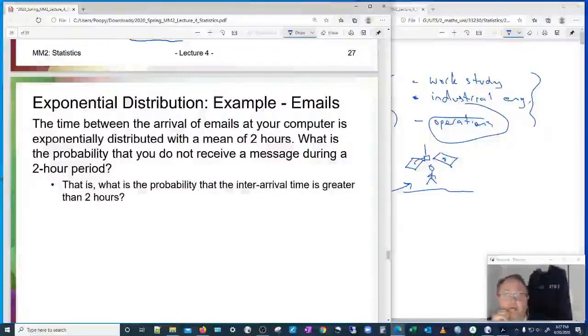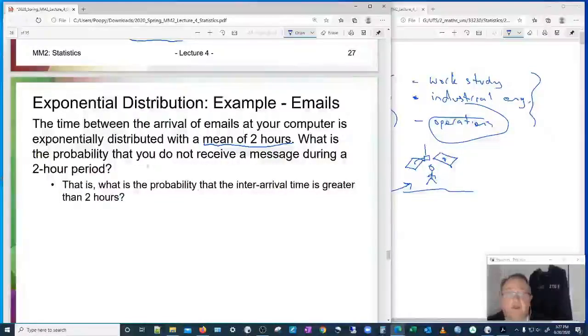Now, the time between arrivals of emails at your computer is exponentially distributed with a mean of 2 hours. Well, thank you very much. What is the probability that we do not receive a message during that 2-hour period? Okay. So the first thing we've got to do is identify the mean of 2 hours.